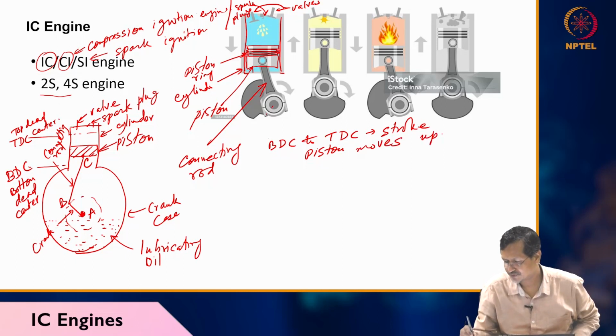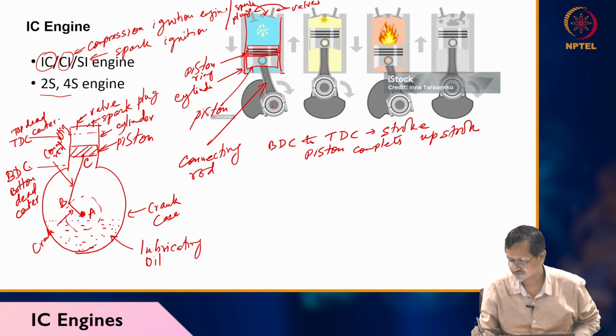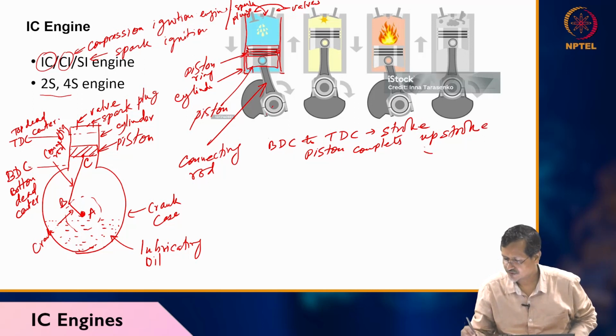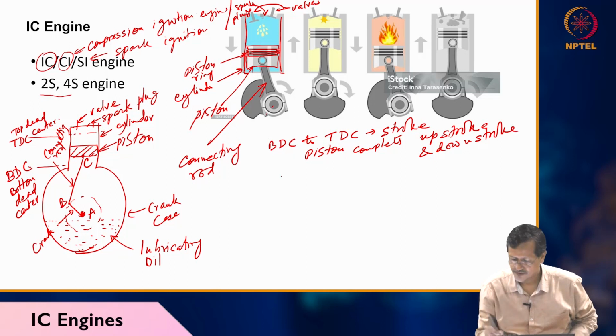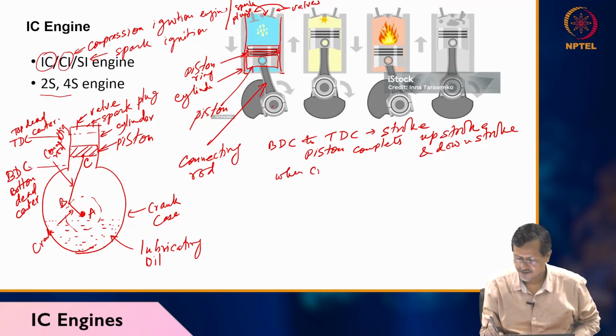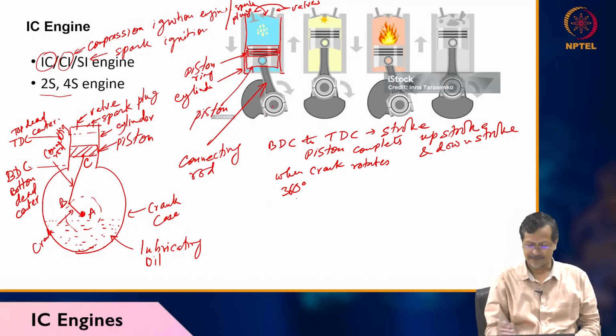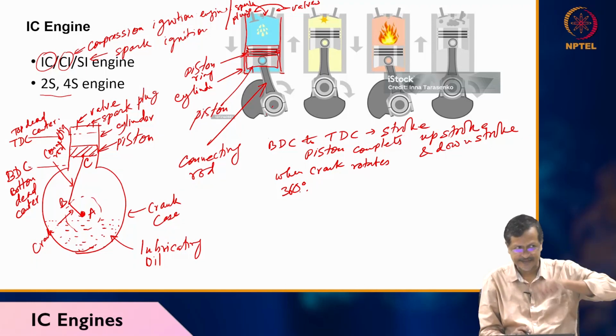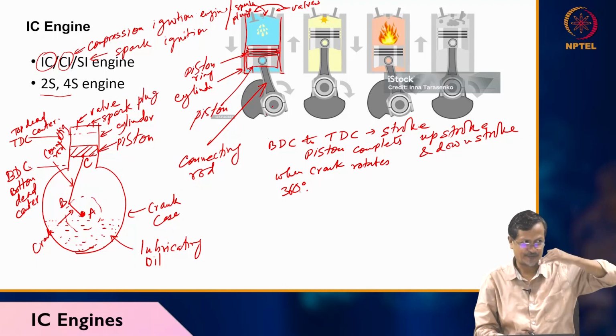So when the crank is rotating 360 degrees, my piston will be moving up and down.